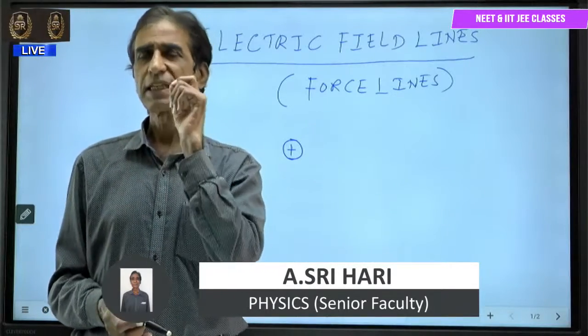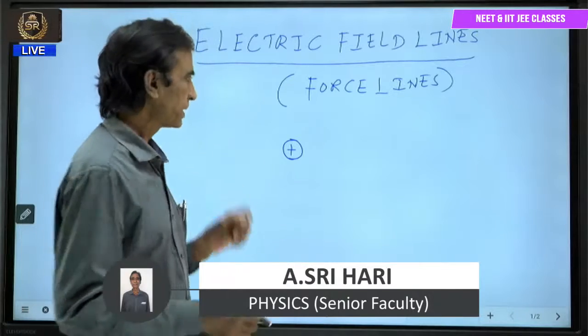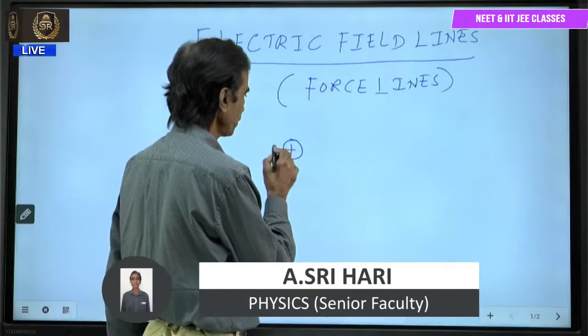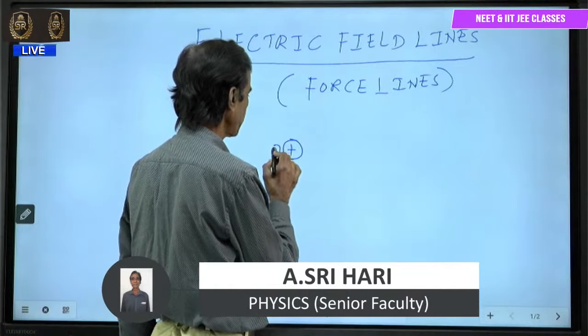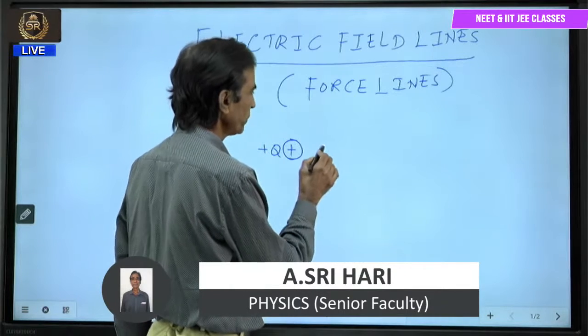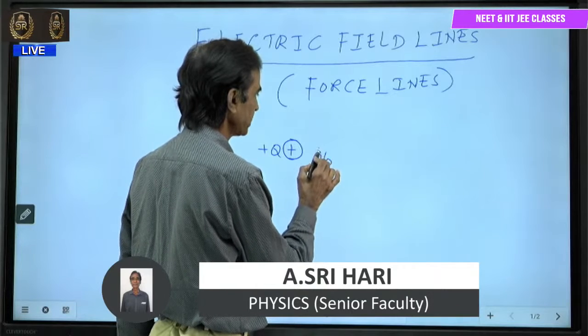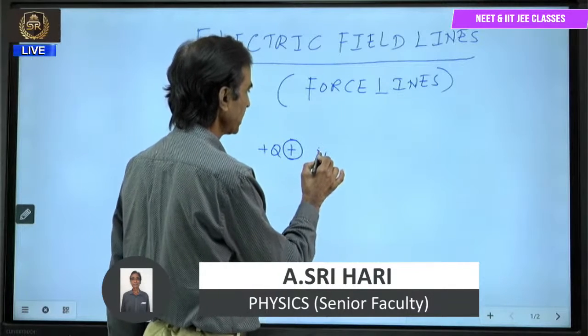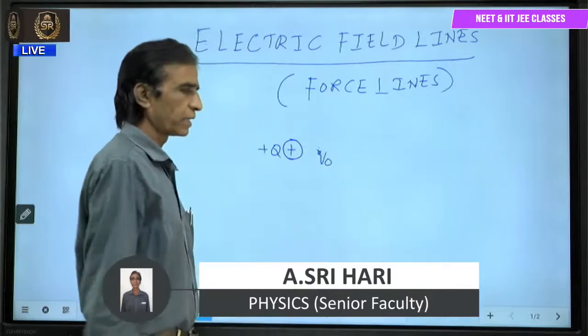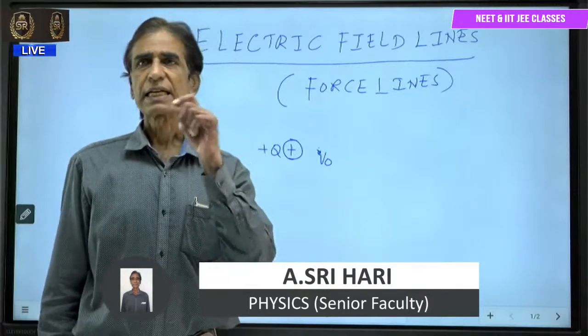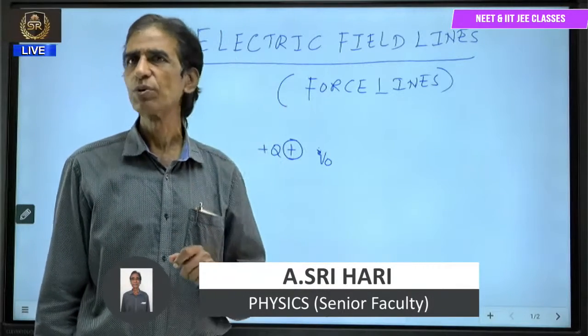Now, let us take the test charge and keep it at this point. So this is our positive charge plus Q. Now we take the test charge, that is Q naught. So what direction is this Q naught going to move?